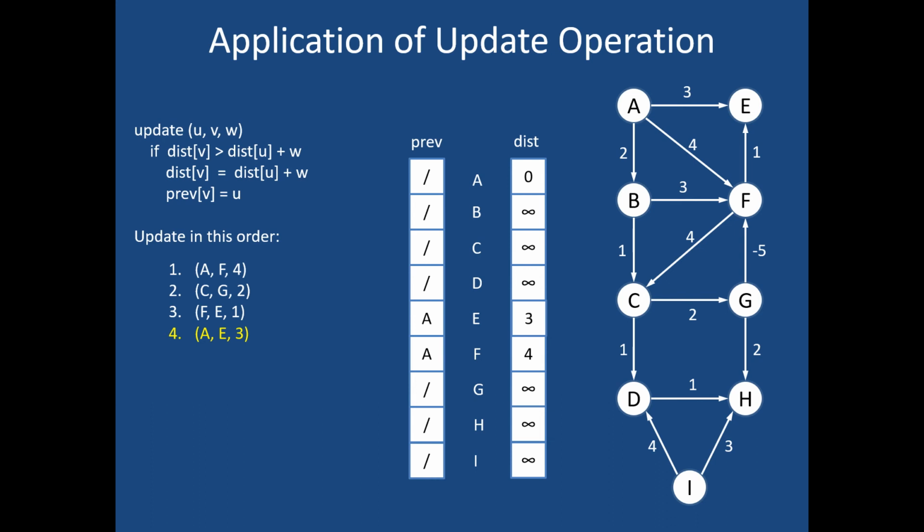Instead of going via F, we go directly from A, and the weight goes down. Okay, so that's update. It's important to understand update because all the algorithms we're going to look at use it. So any questions I could answer about update?